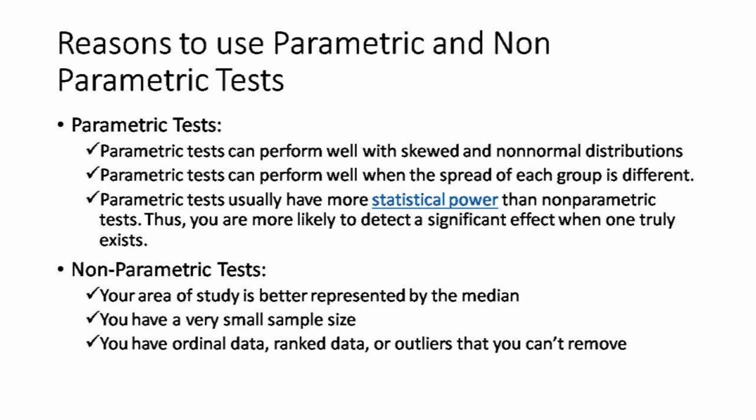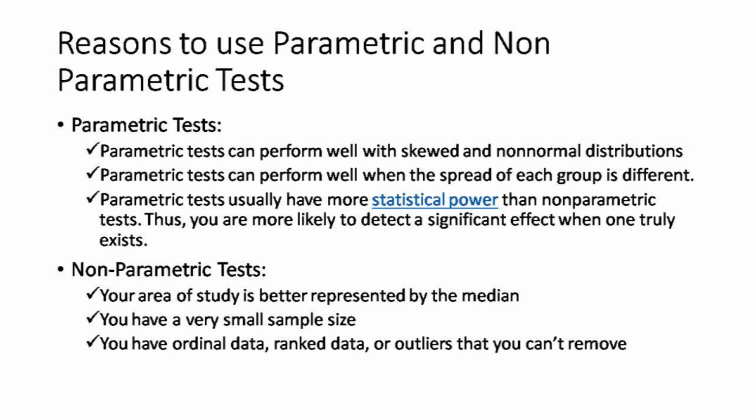Parametric tests can perform well when the spread of each group is different. Parametric tests usually have more statistical power than non-parametric tests. Thus, we are more likely to detect a significant effect when it exists in reality as per the sample information.